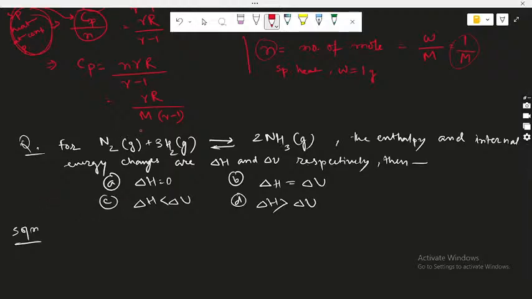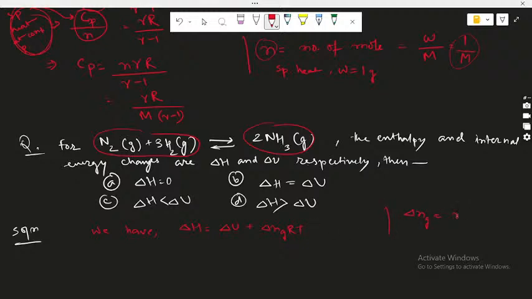So here this is the reactant side and this is the product side. We have a relation, delta H is equal to delta U plus delta Ng RT. So you have to find the value of delta Ng.